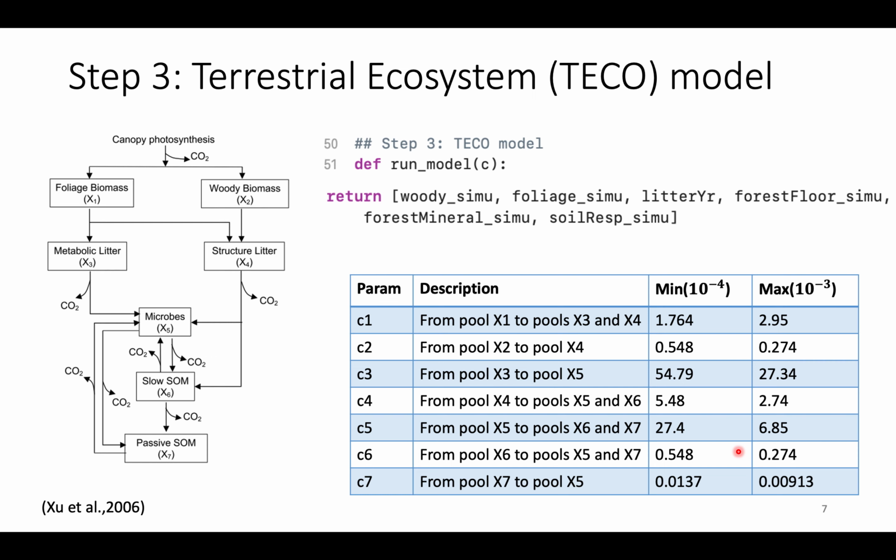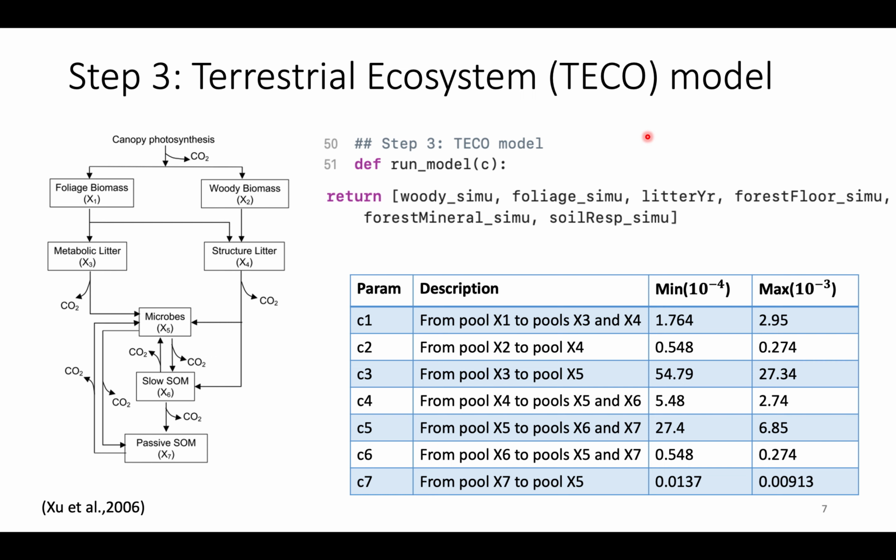The typical model in this study has 7 parameters to be constrained. The run model function here is for one-time model simulation with a set of parameter values saved in variable C. It is to simulate the 7 carbon pools from 1996 to 2000.